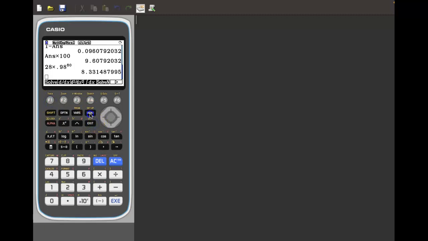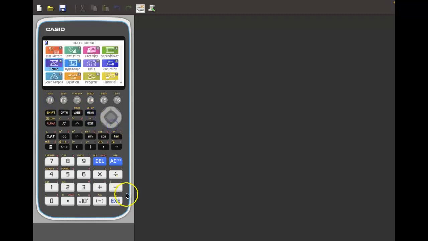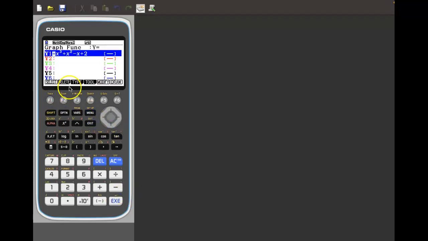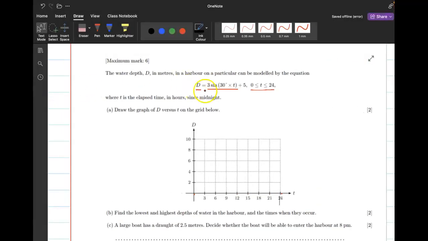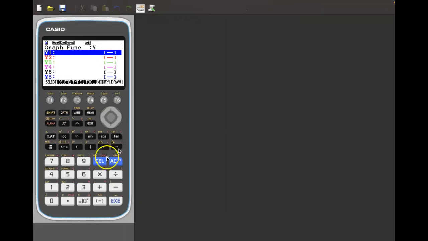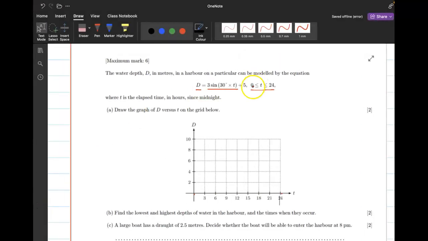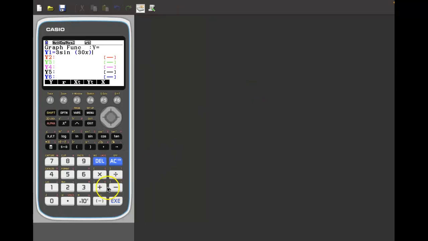Okay, exit, go to menu, go to graph. Now you need to delete anything which is there. Type in 3 sine 30x, close brackets, plus 5. Correct? You see the graph.